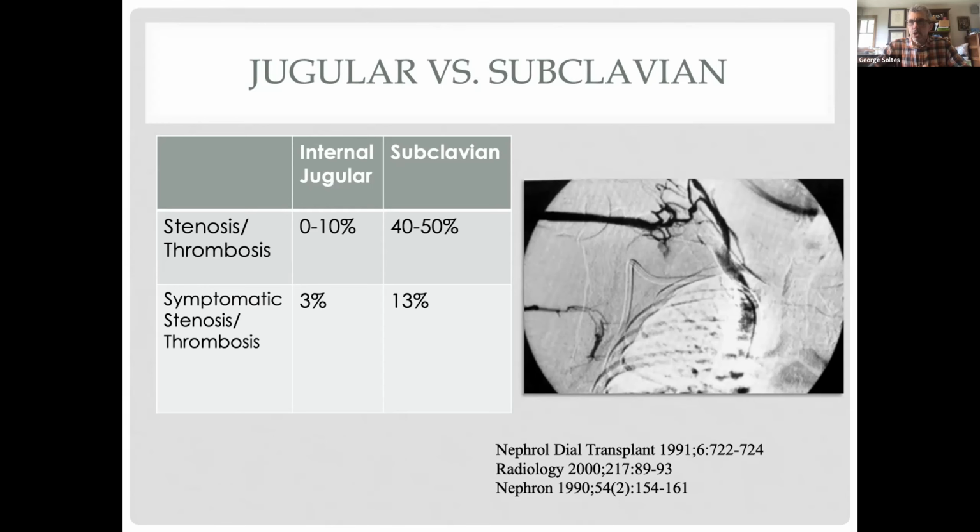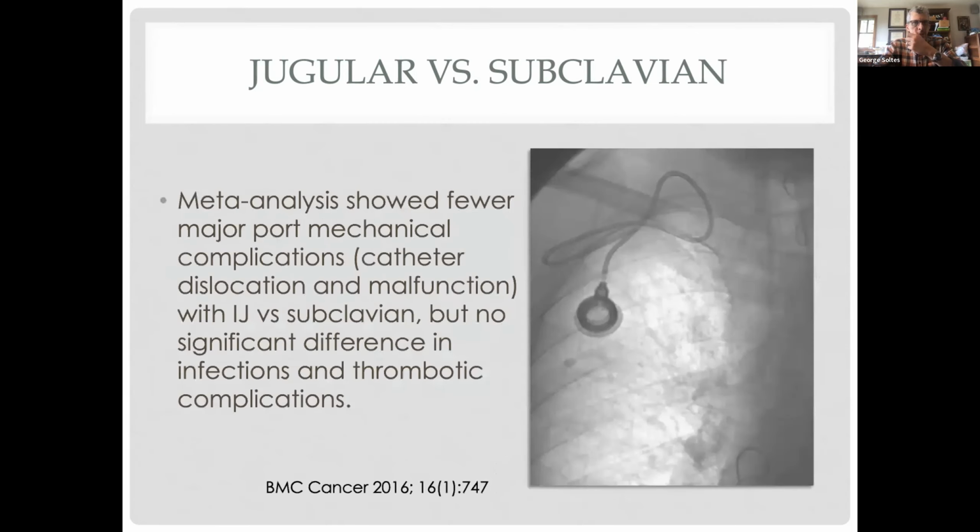Surgeons that trained before the 90s were almost universally trained to do subclavian accesses. They were taught all the bony landmarks and such, and that's what they know how to do. A lot of older surgeons, it's still what they know how to do, and people tend to go with what they know. But younger people and almost all IR people now try to stick to the IJ for this reason.